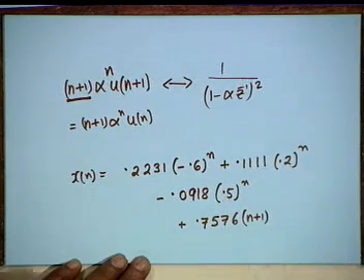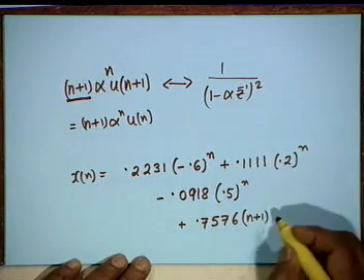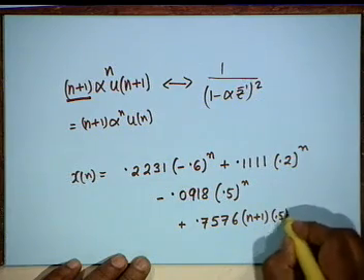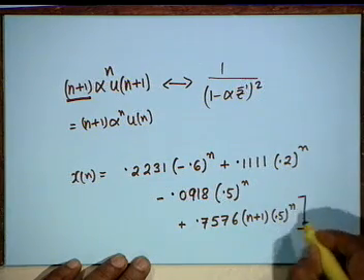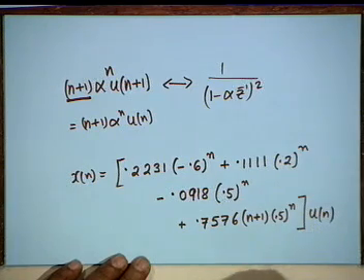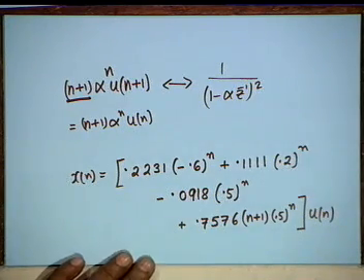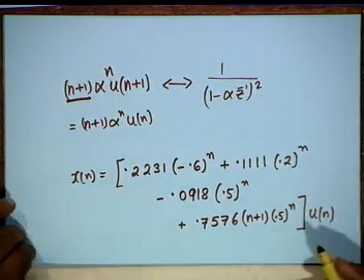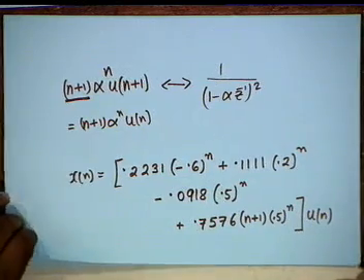This is that multiple pole term, n plus 1, 0.5 to the n, and the whole thing is multiplied by u(n). This is the simplest possible form. Okay?